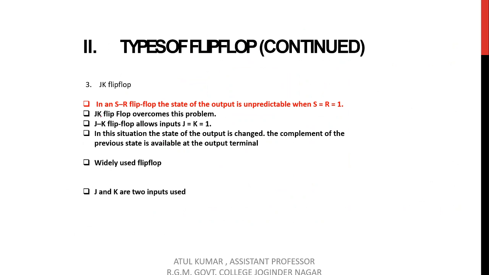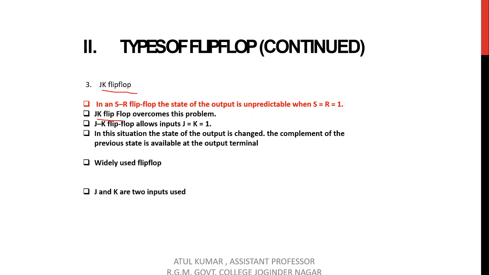The next flip-flop is the JK flip-flop. As we have seen in the SR flip-flop, the output is unpredictable when S and R are both equal to 1. To overcome this problem, we use the JK flip-flop.